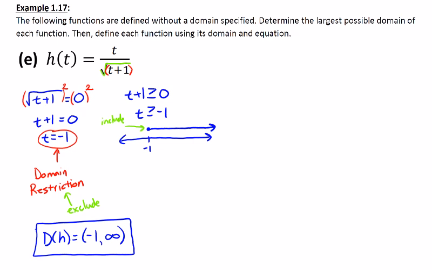And now we would write our function definition, h, domain negative 1 to infinity. Those are the numbers that map to real numbers, given by h of x is equal, not h of x, h of t. H of t is equal to t divided by the square root of t plus 1.